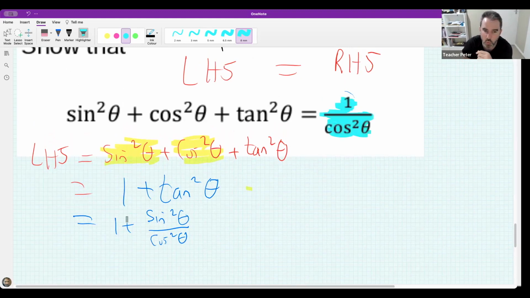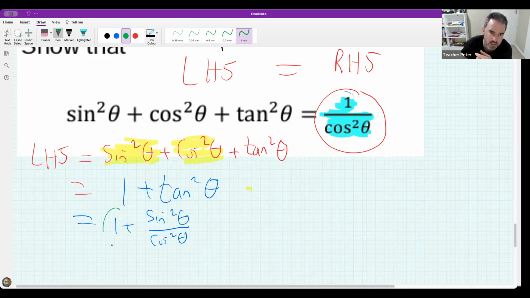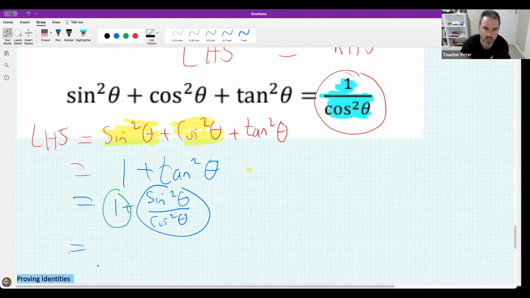We have 1 plus sine squared theta over cos squared theta, but a bigger problem is we have two things separate, whereas where I want to get to is only one thing. How could I replace 1?